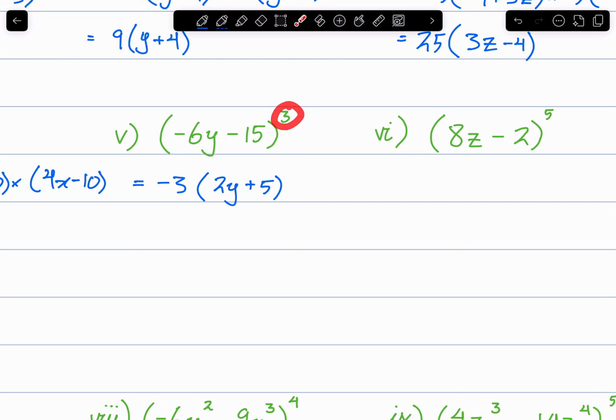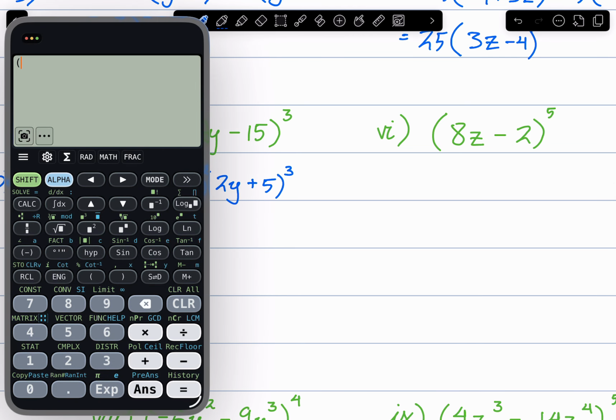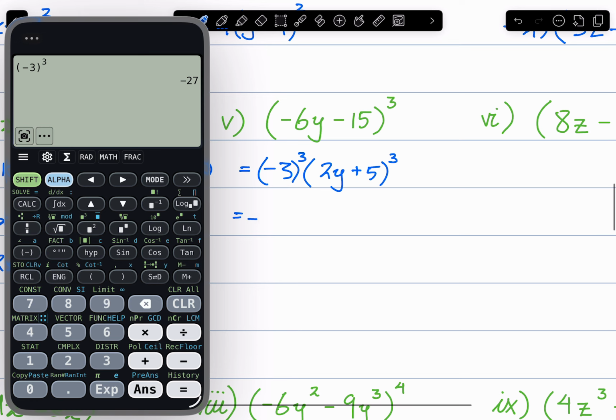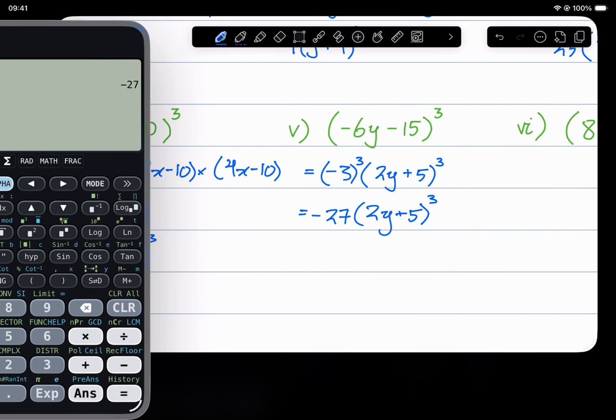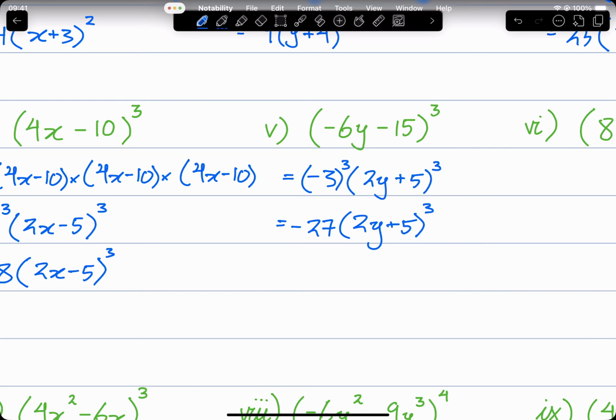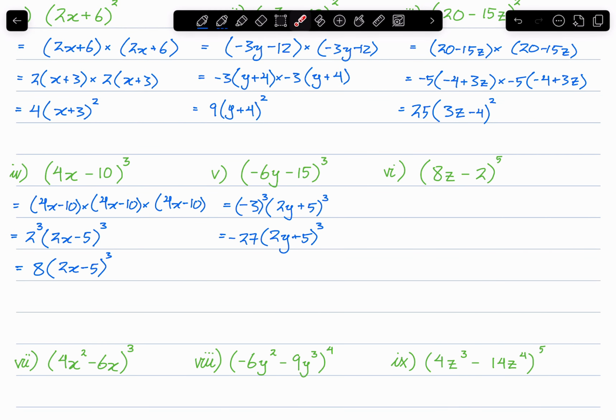Now, because it was to the power of 3, we need to raise the group by a 3, and this whole negative 3 by 3. Just checking our calculator for this one, it'll be negative 3 to the power of 3, giving us negative 27 times 2y plus 5 cubed. Now, that's an interesting thing that happens with negative values with odd indices. It remains as a negative here.